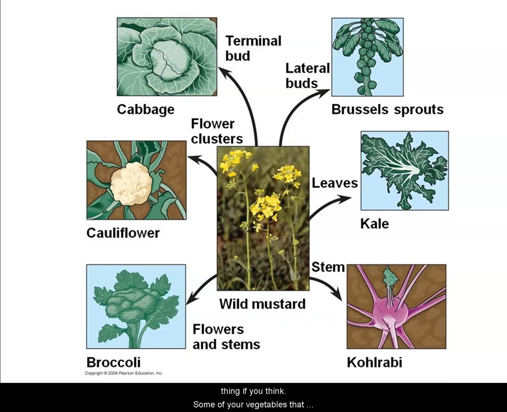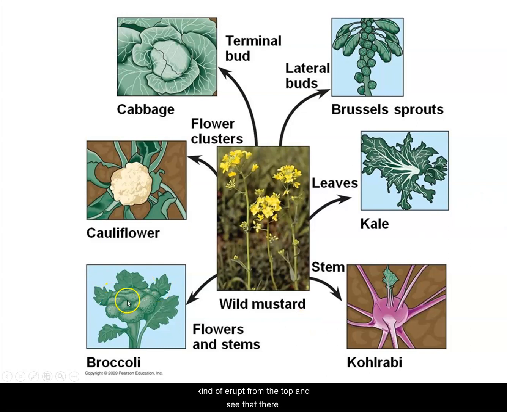Agriculturally, we do the same thing. If you think about some of your vegetables that you eat, broccoli, cauliflower, cabbage, Brussels sprouts, kale, or the very strange kohlrabi, all of these are the same species, but they have been artificially selected for certain characteristics.